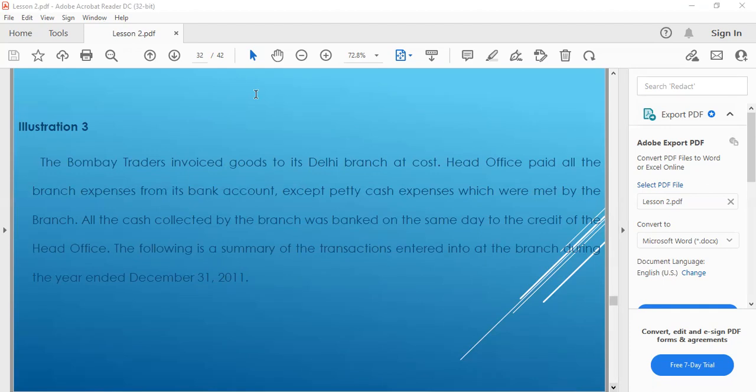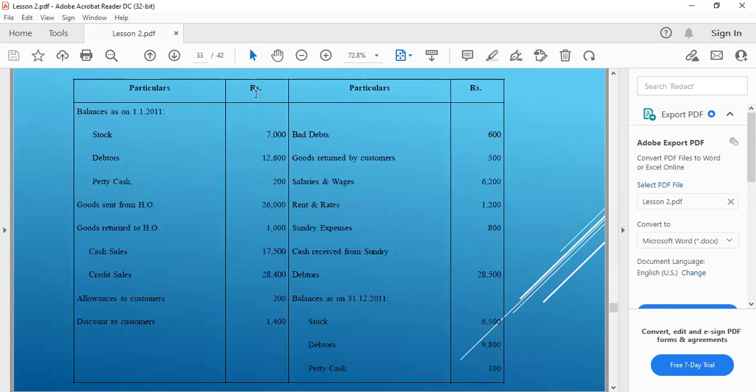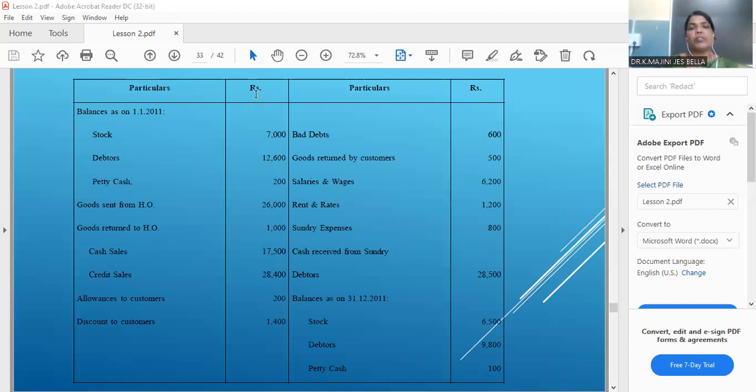Next, particulars, the amount in the debit side and the particulars, the amount in the credit side. Debit side, the opening balances: stock 7,000, debtors 12,600, petty cash 200, goods sent from head office 26,000, goods returned to head office 1,000, cash sales 17,500, credit sales 28,400, allowances to customers 200, discount to customers 1,400.